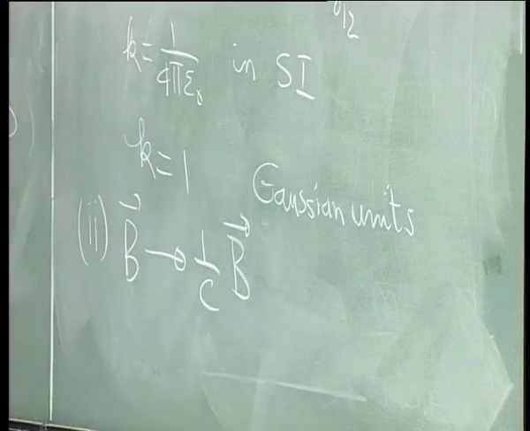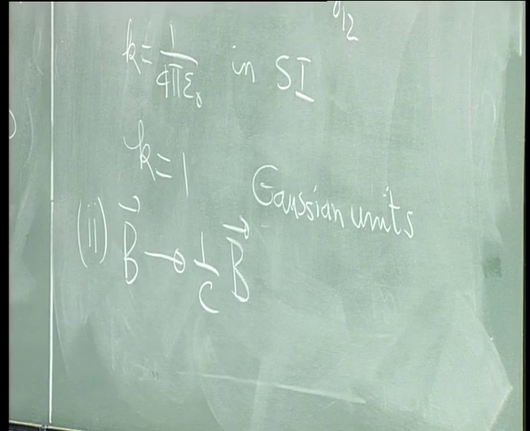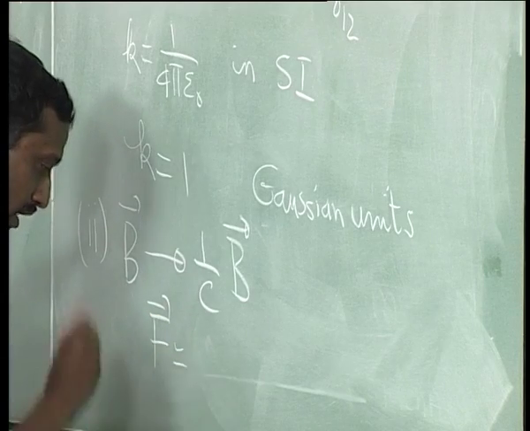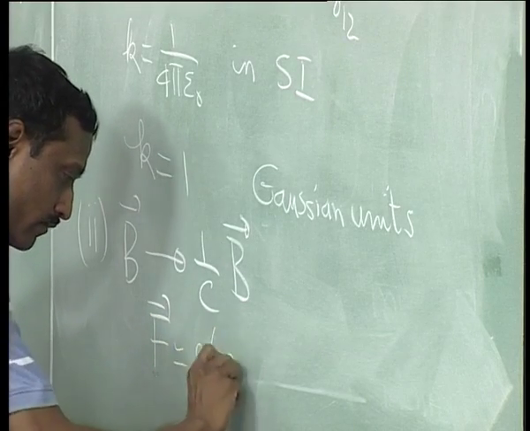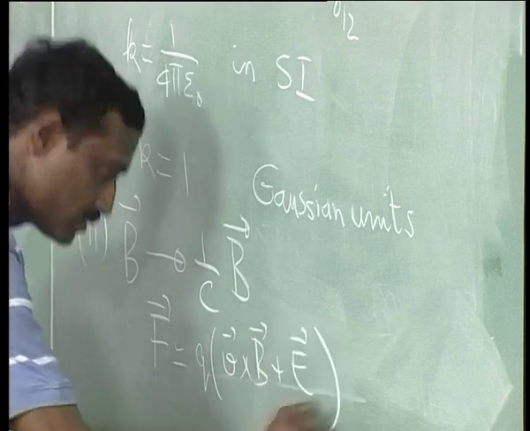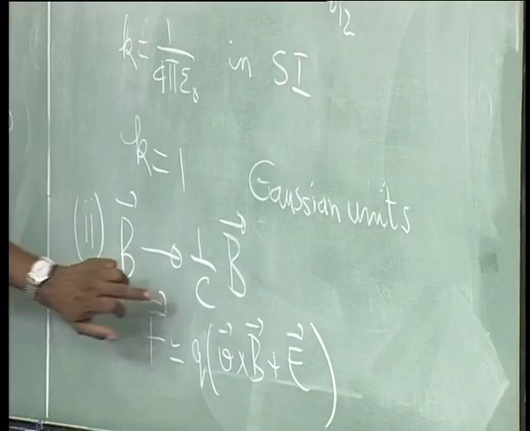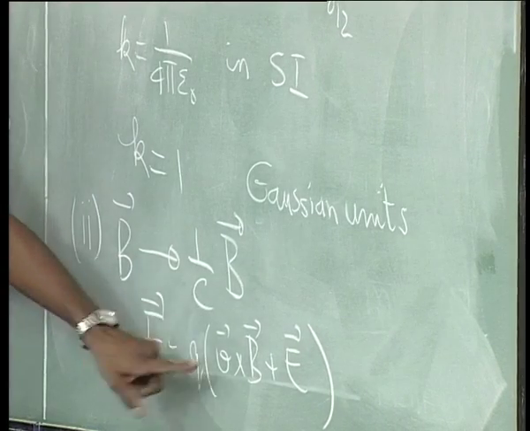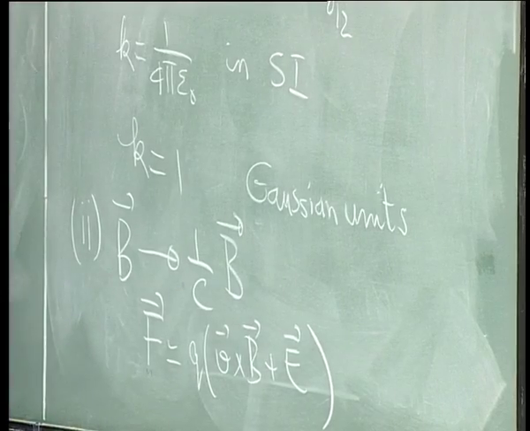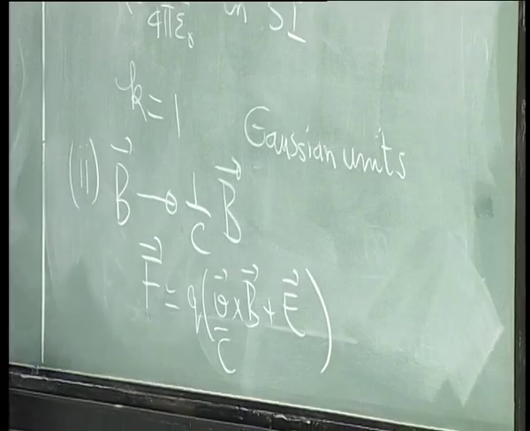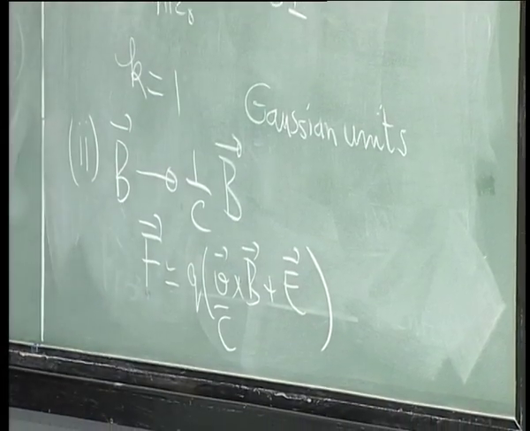And the way to see that this is correct is to just use something very elementary, which is the Lorentz Force Law, which in SI units was just Q into V cross B plus E. Okay, where C here is the speed of light. Okay. So if you make this change, that is to put wherever you see B, you put B upon C. Now V upon C is dimensionless, so you can see that E and B are being measured in the same things.